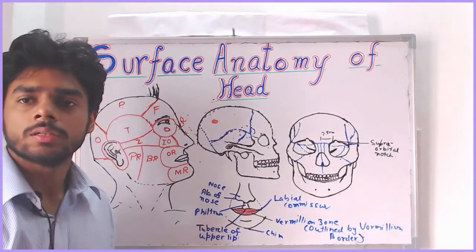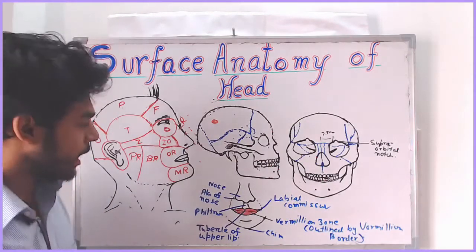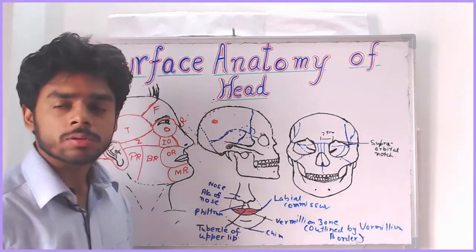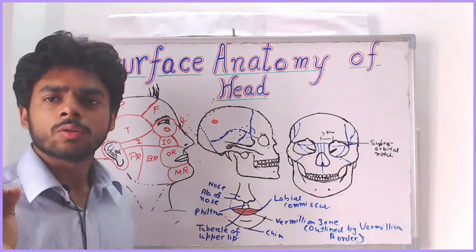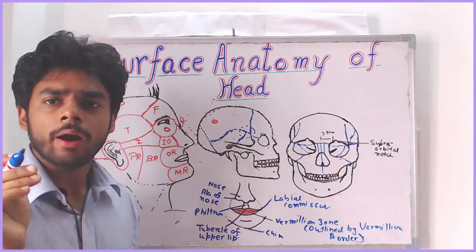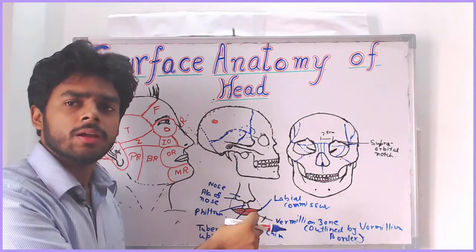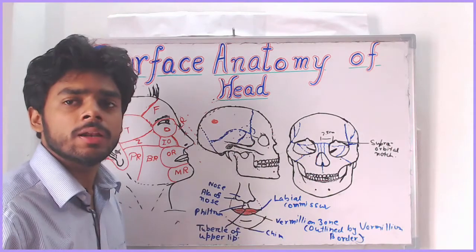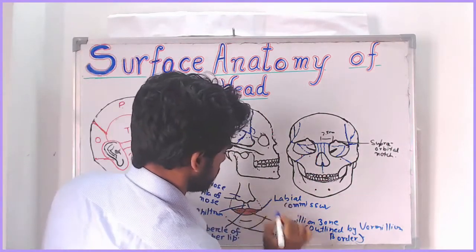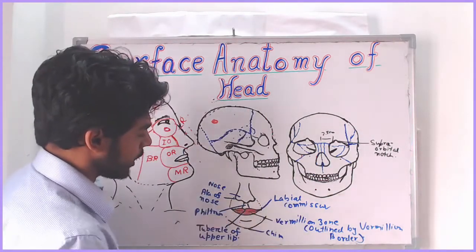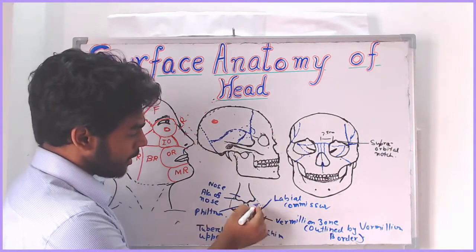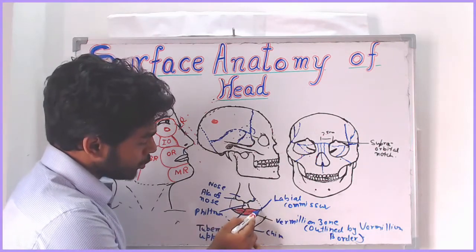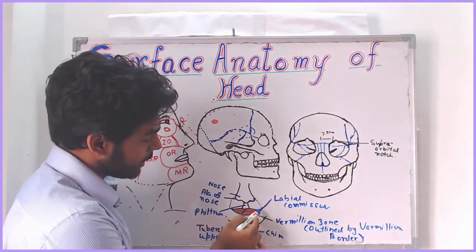There is a groove running upward between the labial commissure and the ala of the nose. On both sides you can see a groove running vertically from the ala of the nose to the labial commissure.